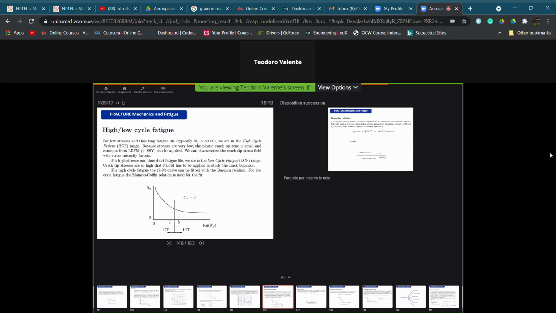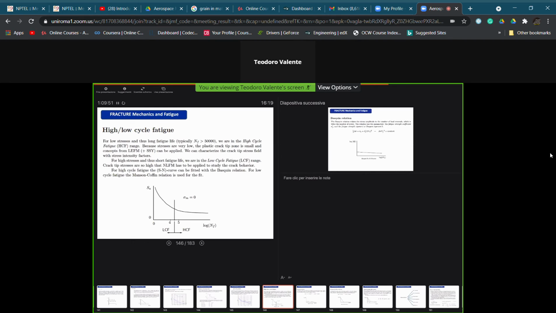Usually this discrimination point is for a number of cycles to failure around 50,000. We are in the so-called HCF range, that is, the high cycle fatigue range. This means that the number of cycles requested to break our specimen is a relevantly high number.